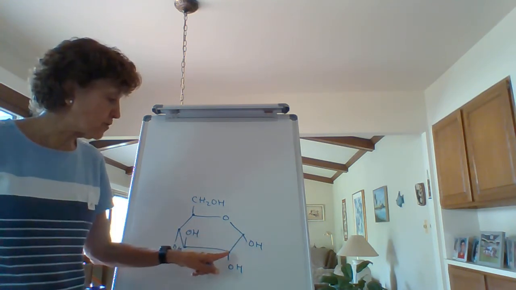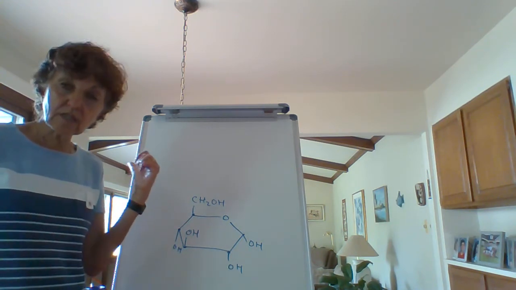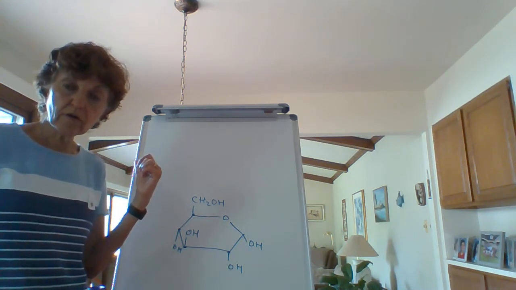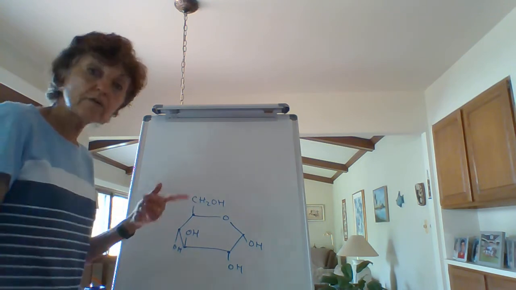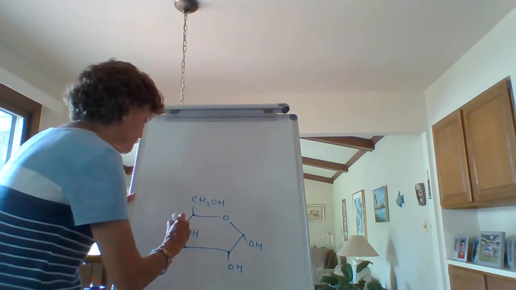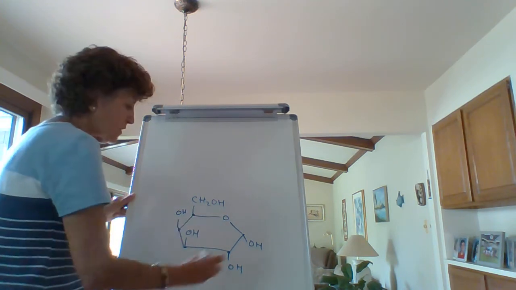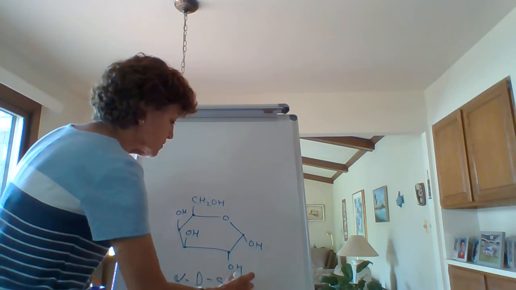This is carbon 1, 2, 3, 4. Remember how the OH was pointing to the left at carbon 4 on galactose, but to the right on glucose? So all you do to turn this into a galactose is just put this up. And there you go. This is alpha D galactose.